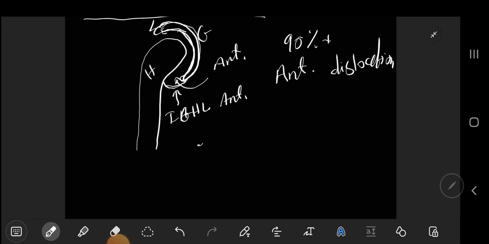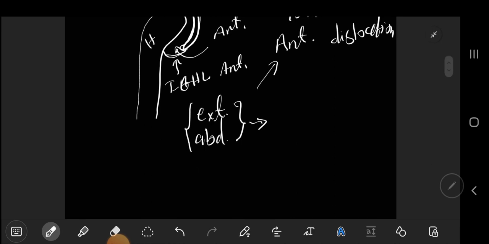One is the external rotation of the shoulder, and the other is abduction of the shoulder. Combine those two, and you will figure out that it can be seen in many situations. This combination of external rotation and abduction of the shoulder is the most common cause of anterior shoulder dislocation. This is the position where the shoulder can dislocate.